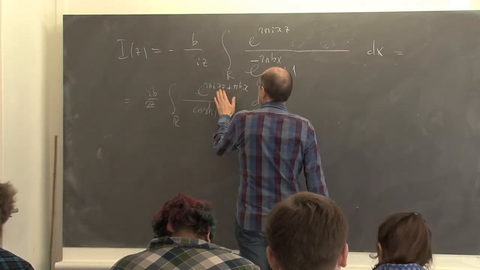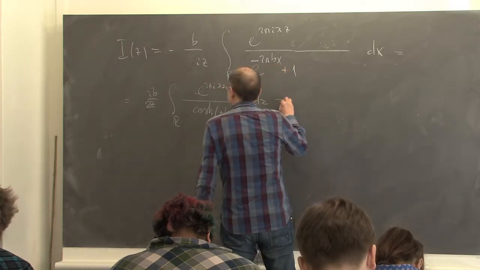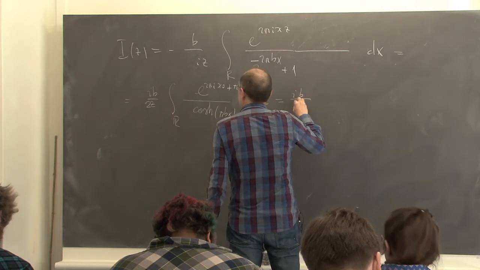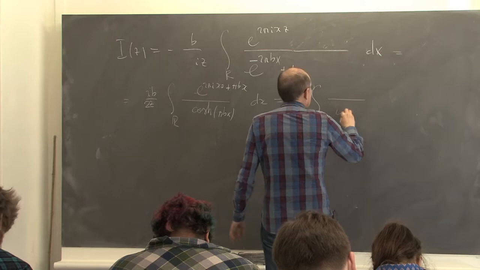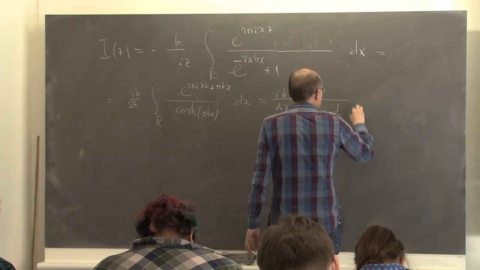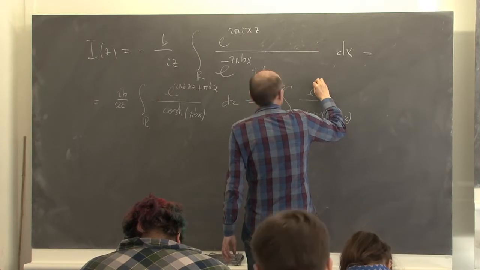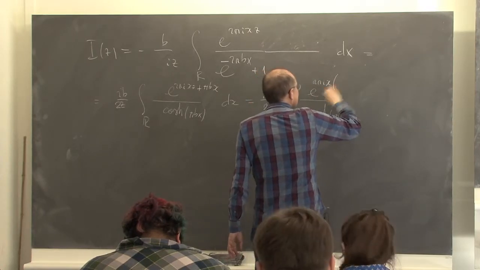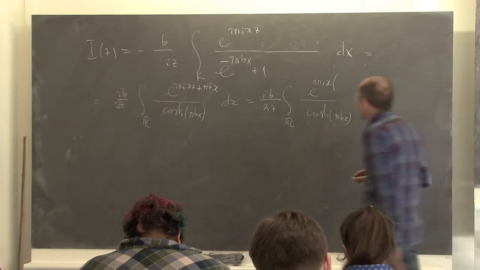Now let us put together the coefficients of x. i b over 2z, integral over R, cosh of pi b x. Here I'm going to pull out 2 pi i x and write something in the parentheses.